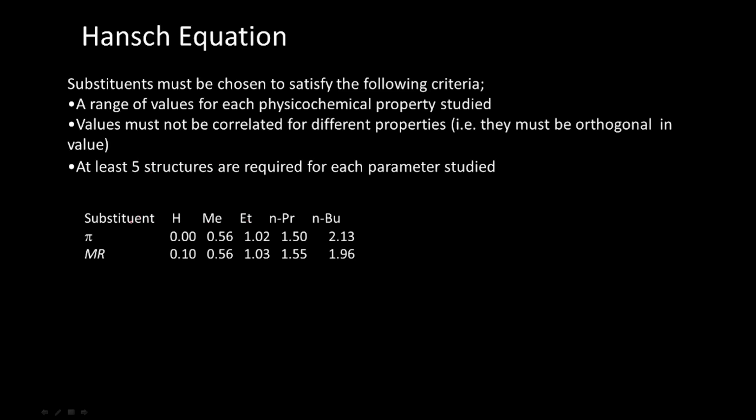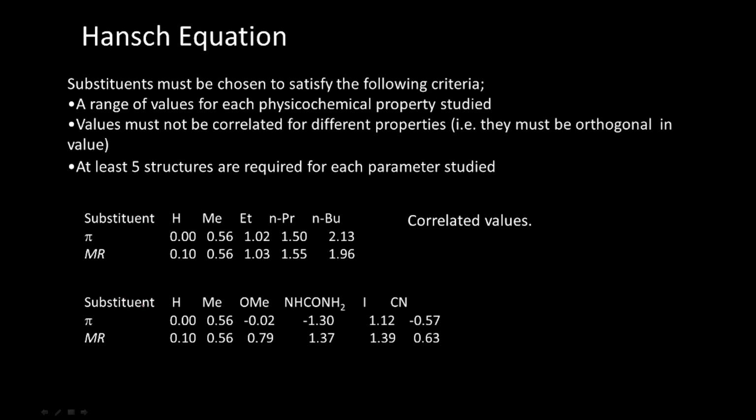So this is a very important rule of thumb, for each parameter studied. So for example, I am substituting with H or Me or ethyl or N-propyl, N-butyl. So the pi changes like this. For H it is 0, and it becomes more hydrophobic. Molar refractivity changes like this. I defined what is molar refractivity before. Okay, correlated values.